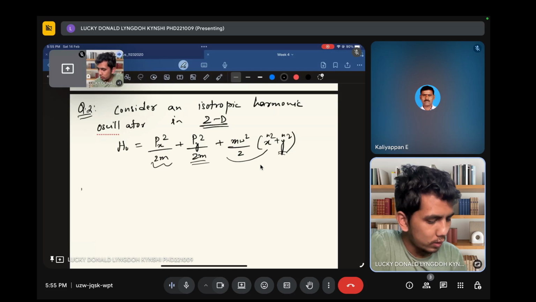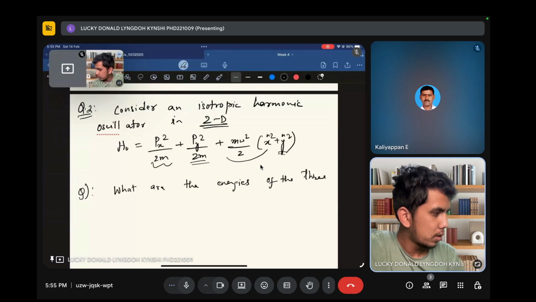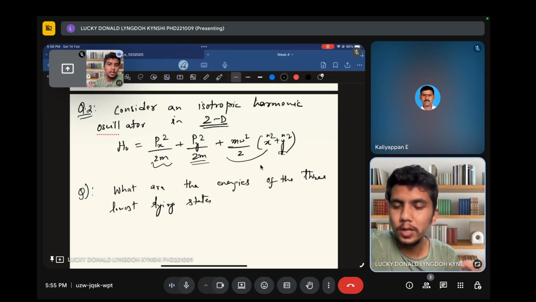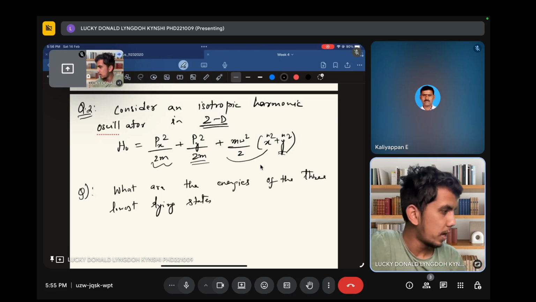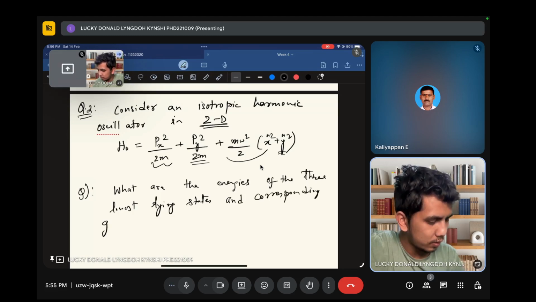So now the question is, what are the energies of the three lowest lying states, and the corresponding degeneracy?